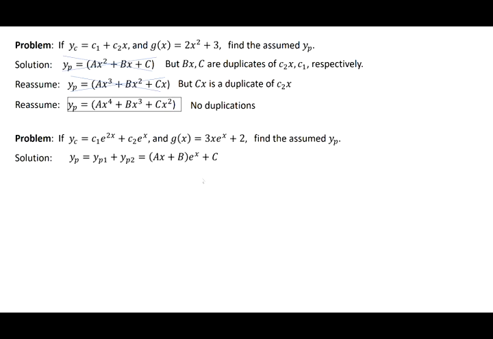So how do we eliminate the duplication? We need to multiply by x. Now here is the trick. We need to multiply what by x? Do we multiply only yp1 by x, or do we multiply the whole thing by x?